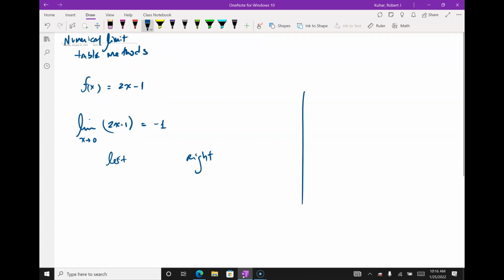If I look at this graph, right? Let's see, 2x minus 1, right? When x is 0, I get a -1. When x is 1, I get a 1, right? So it's pretty clear that if I'm walking down this hill, right, from the right, when I finally get here, I'm going to be at a height of -1, right?